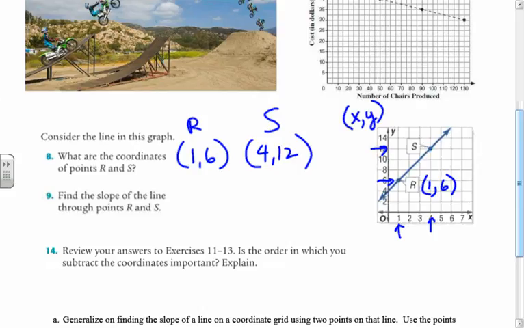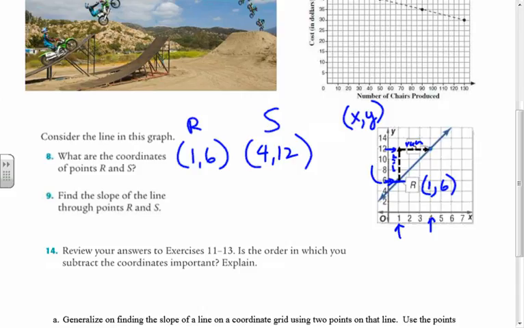And now it says find the slope of the line through the points R and S. Now we're just going to do the rise over run idea here. Let me put a little arrow in here to show you. The rise would be going up to S, and the run would be going over. Now my rise is from 6 to 12.